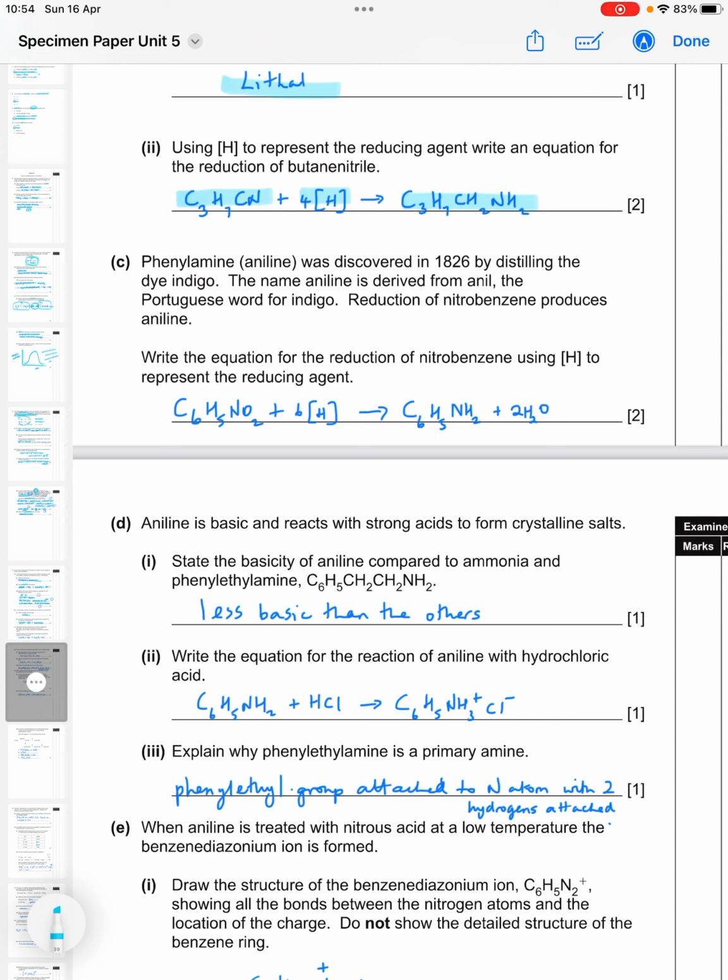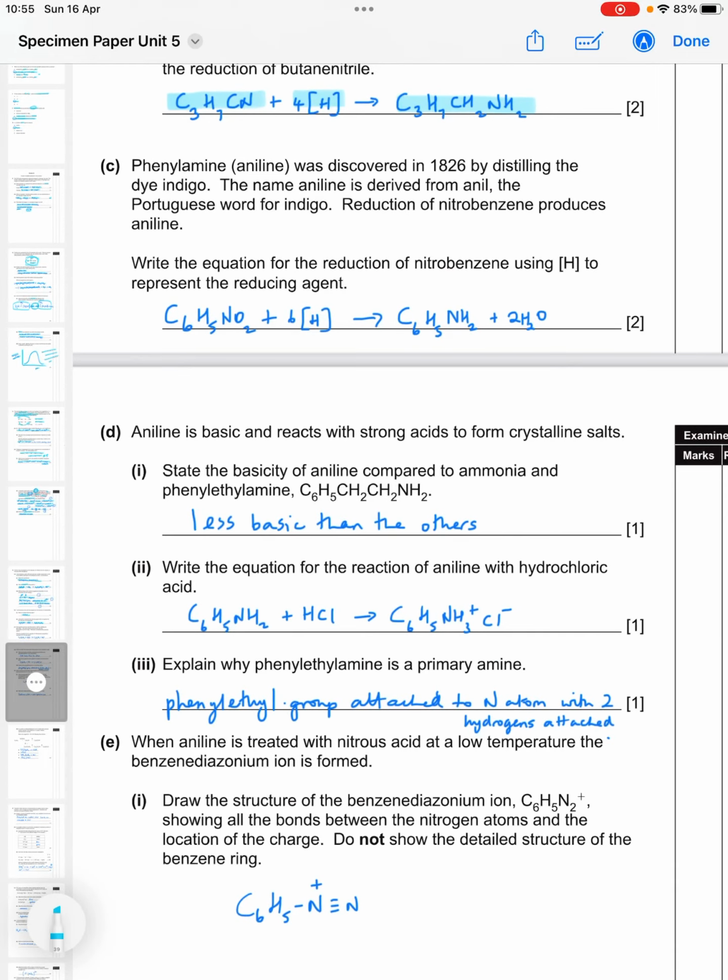Then we have phenylamine or aniline, which was discovered in 1826 by distilling the dye indigo. The name aniline is derived from anil, the Portuguese word for indigo. So reduction of nitrobenzene produces aniline. Write the equation for the reduction of nitrobenzene using H in square brackets to represent the reducing agent. So there we have our nitrobenzene C6H5NO2 and then the aniline C6H5NH2.